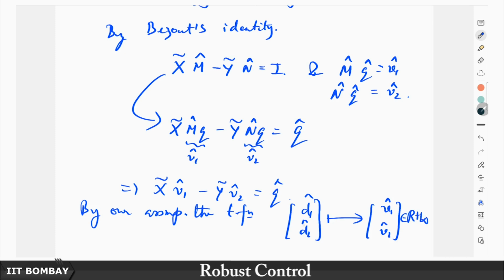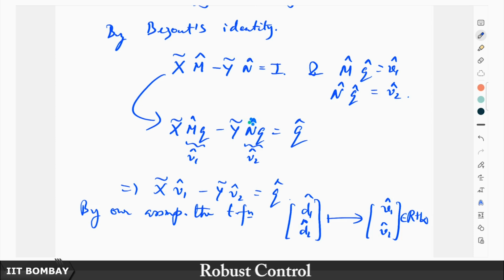This observation is very crucial. It is our assumption that the map that takes the tuple of signals d1, d2 to v1, v2 is itself going to belong to RH infinity.